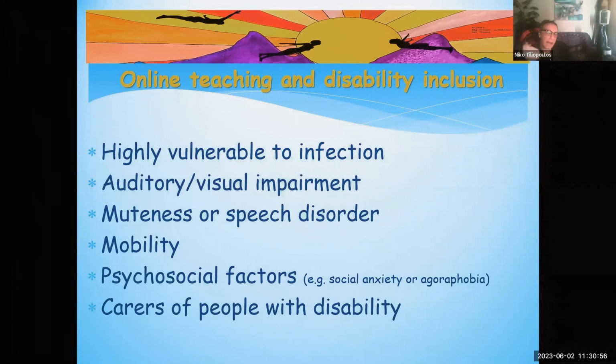And the indirect benefit that I noticed is to people who are carers themselves of others with disability, and they don't have to leave them to attend the lectures and come back. Indirect benefit, if you wish. Next slide, please.